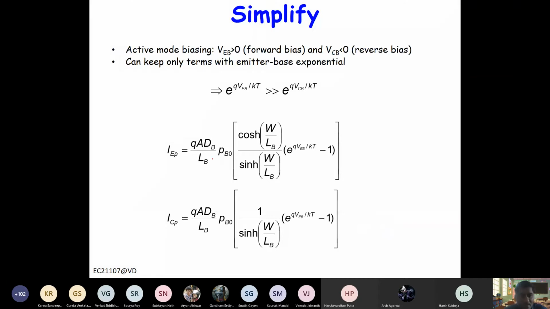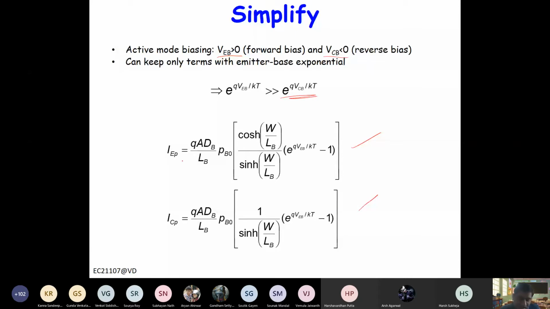So for active mode, VB is greater than 0, VCB is less than 0, reverse bias, right? So exponential qVC by kT will be very small, so you can ignore that part. You can only keep the exponential qVEB by kT. And from this you can also calculate the emitter injection efficiency and the base transport factor.